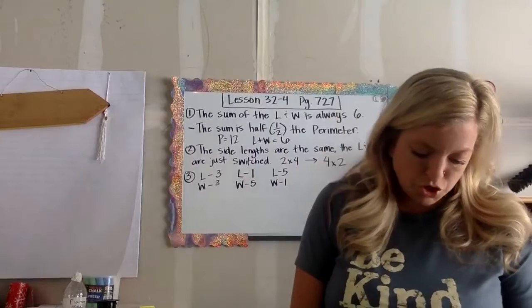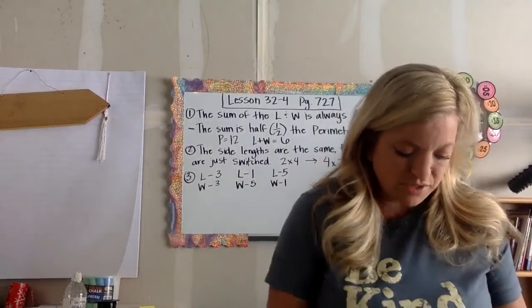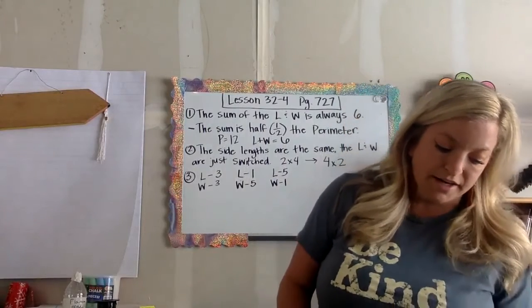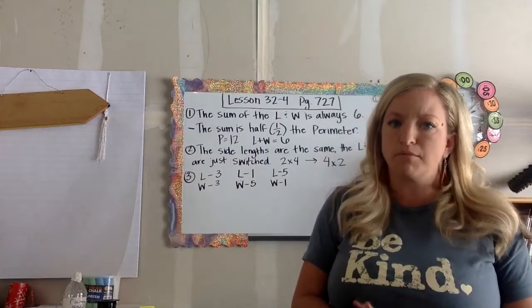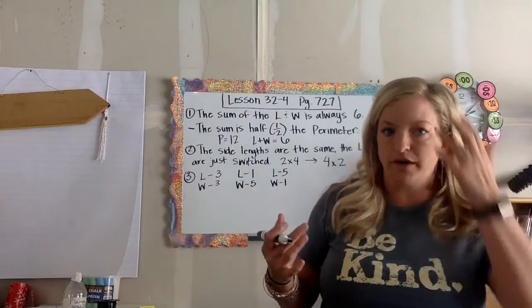Number 4, how can 2 rectangles have the same perimeter but have different areas? Well, rectangles can have different side lengths that add up to the same perimeter, but they multiply to get a different number. So it's all about the operation that you're doing.